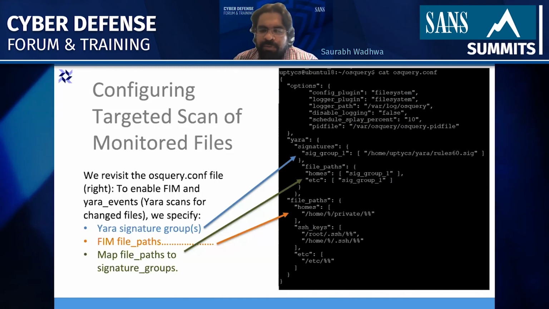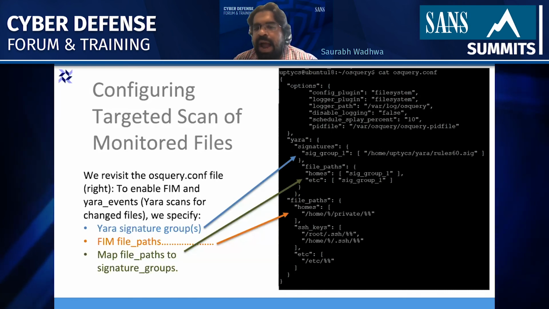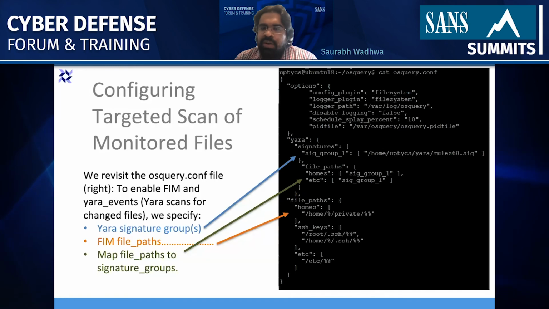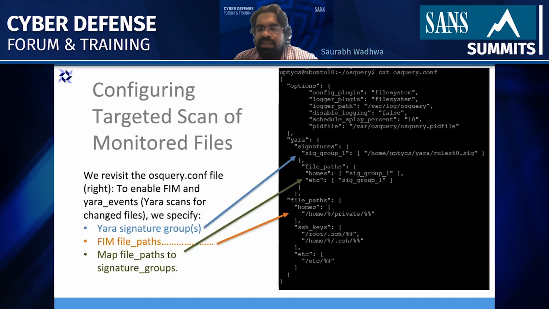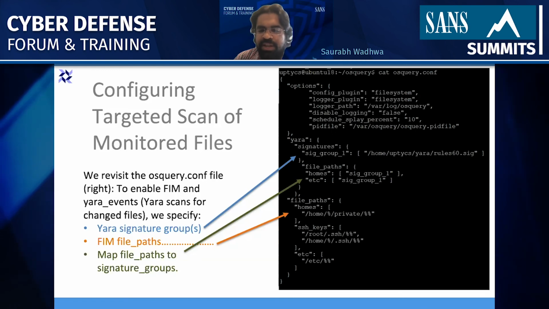And then we have the third folder as etc. In this case, we have applied sig_group_1, which consists of one signature file, and it's running a scan on homes and etc. So we left out ssh_keys, but we are running a targeted YARA scan for file integrity monitoring if something changes in the home swadha private directory, or something changes in the etc directory.